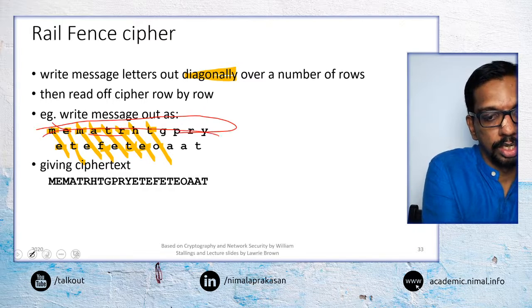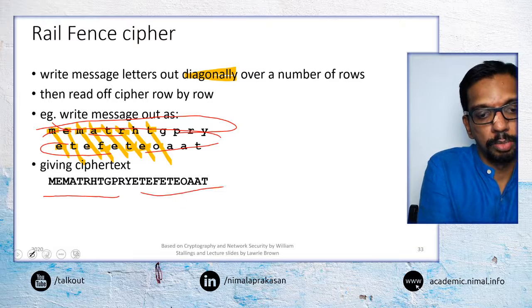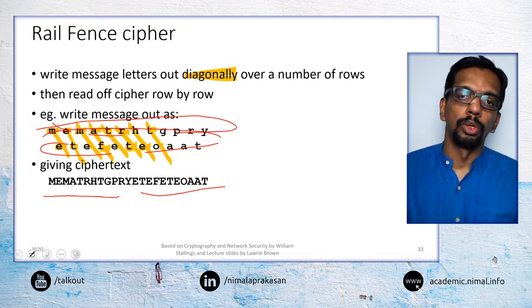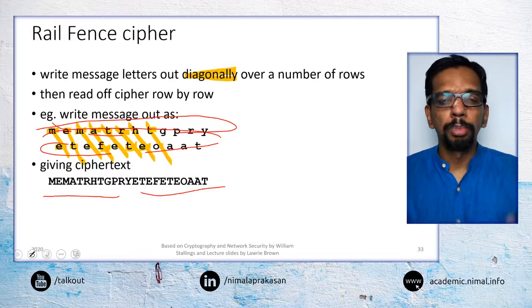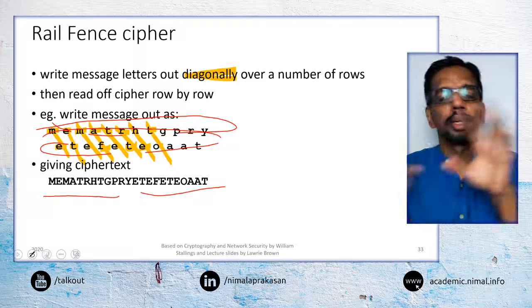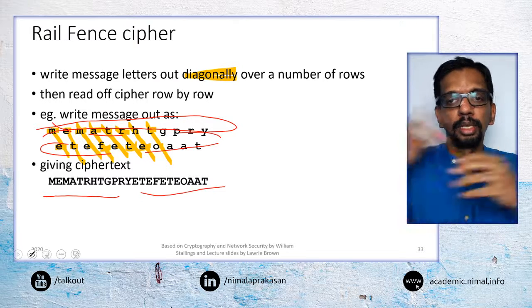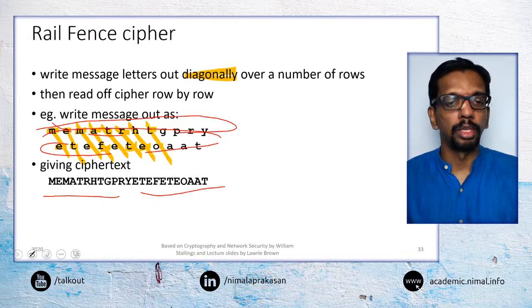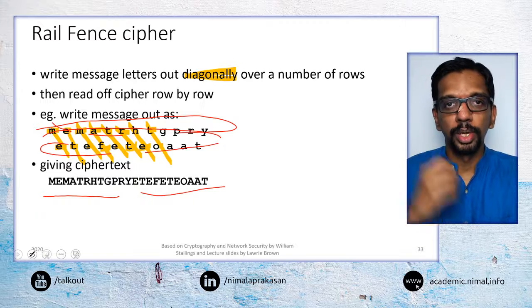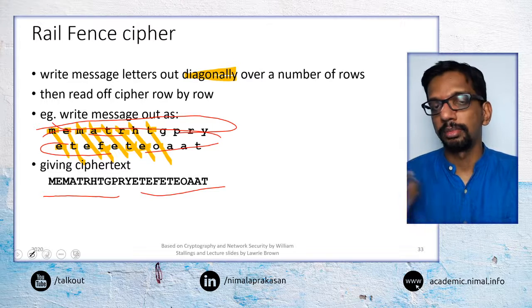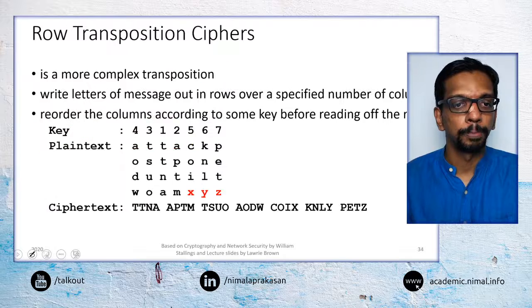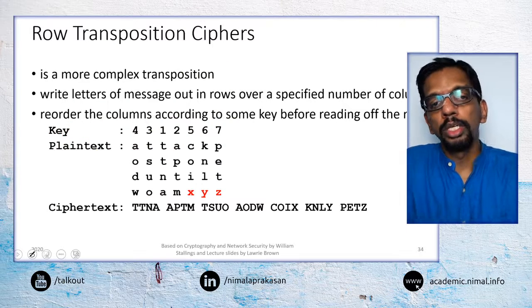We go here and here. So we go this part, then we can reverse that. Again, it's a very simple form of rearranging the same text. But the problem with the rail fence cipher is that it is fairly easily guessable. Once you know it is a rail fence cipher, it is very easily guessable. There's nothing complicated here.